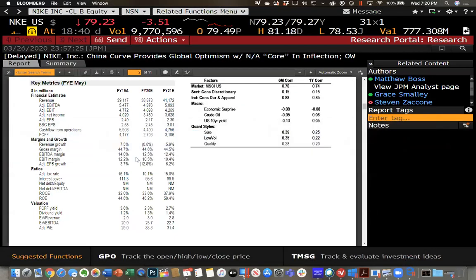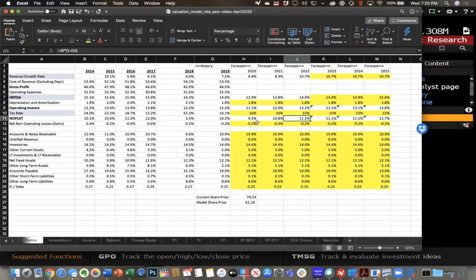And for this year, they thought it was going to be 16.1. It's pretty close to the number we had, which was 16. So let me put this at 16.1. Again, just so you can see what I'm doing, add an extra decimal place. So we've updated the tax rate through today.